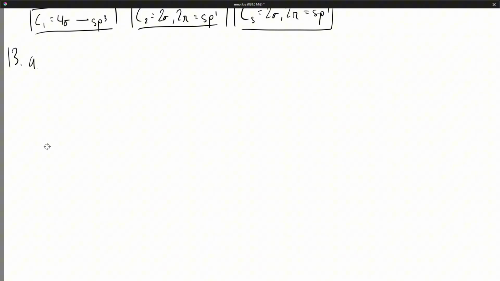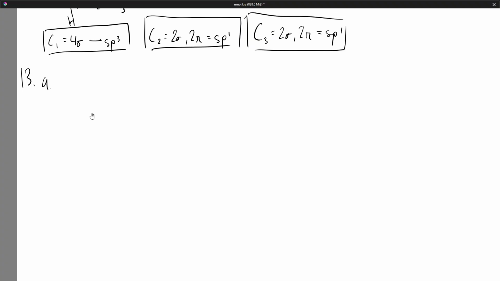So for this, we want to write the full formulas, not Lewis structures like this. It's full formulas. So instead of this, you want CH3, CH2, CH2, CH3, that kind of stuff. Okay. Let me erase that real quick.